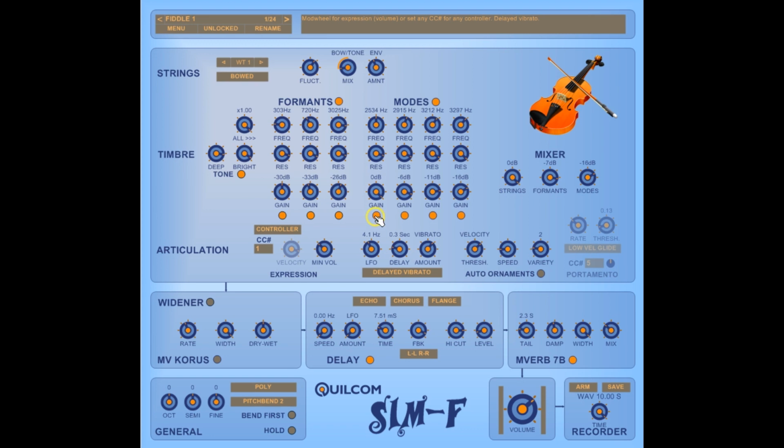To shape the timbre of the instrument, we have a simple tone system here, which operates like a bandpass filter, where you can set the low end and high end, and then we have single value formants, which produce peaks in the response curve, and then we have modes which simulate parts of the violin that vibrate at more than one frequency, typically the fundamental and integer multiples of that fundamental.